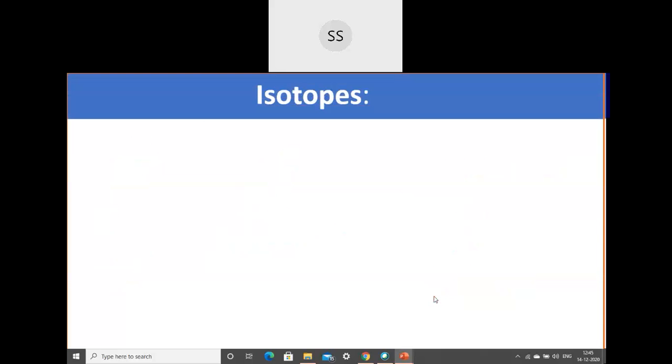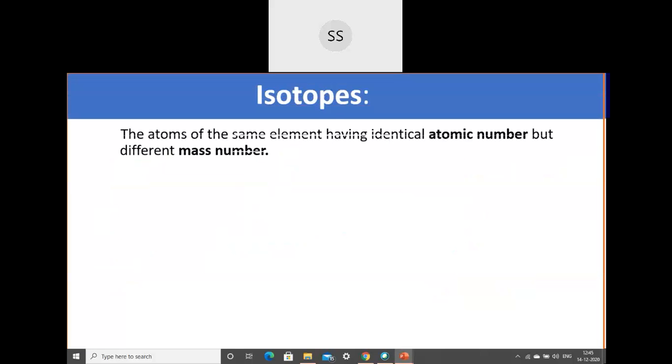Okay, next are isotopes. What are the isotopes? Isotopes are atoms of the same element having identical atomic number, but then you will find that they are having different mass number. Okay, atomic numbers are same. The number which we write below, those numbers you will find as same, but then they are having a different mass number. For example, you can see here chlorine. Chlorine atom we have taken here as the example.